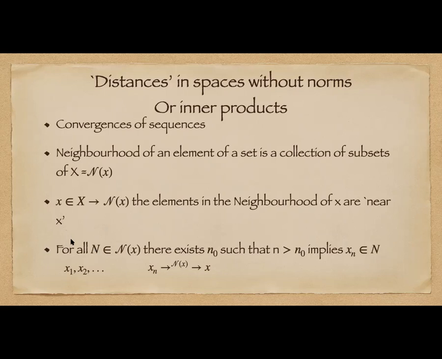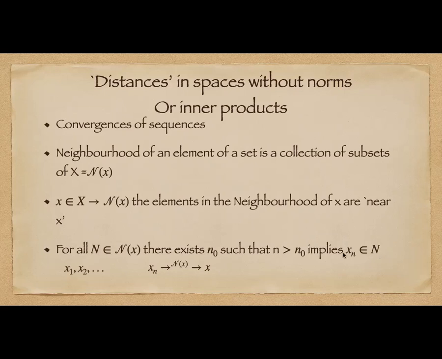But here, it's crucial that for all N, which is a subset in the collection of subsets N_x, there exists one integer n naught such that for n greater than n naught implies x_n is in the set N.